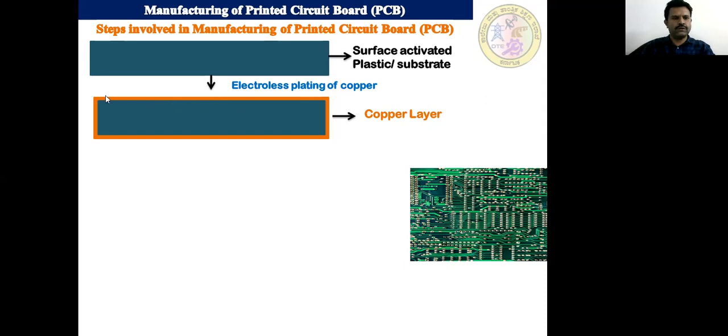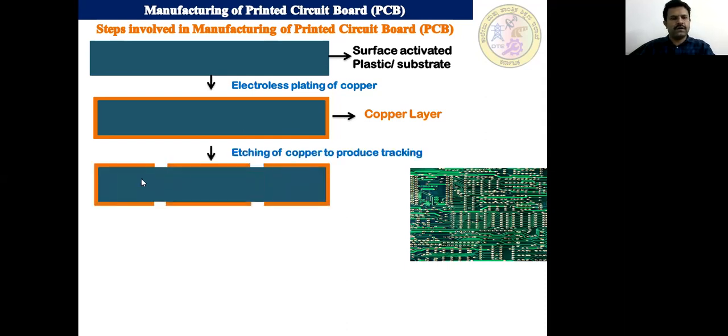And after this process, the complete surface of the substrate, like the plastic, will be covered with a copper layer. And then in the next step, the required area of the copper is protected, and the unwanted copper layer is removed.